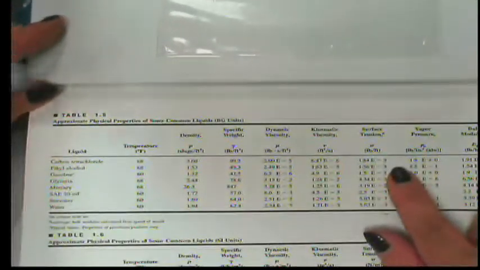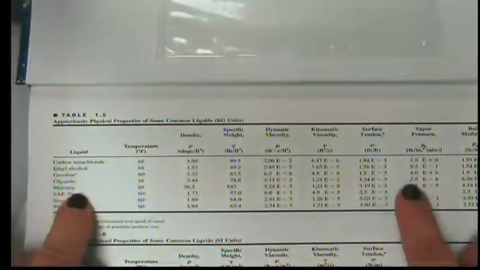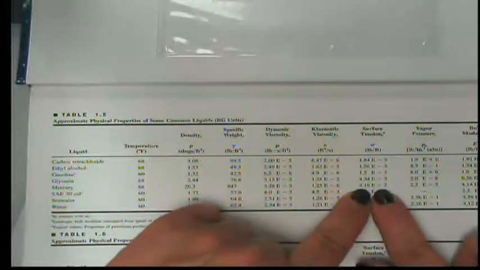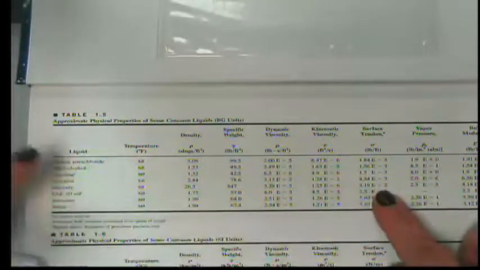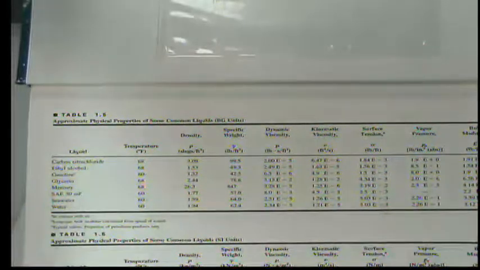If you look at the values in the inside front cover of your textbook, you can find mercury, and it has a value, this is in pounds per foot. We probably would prefer to have it in metric units.